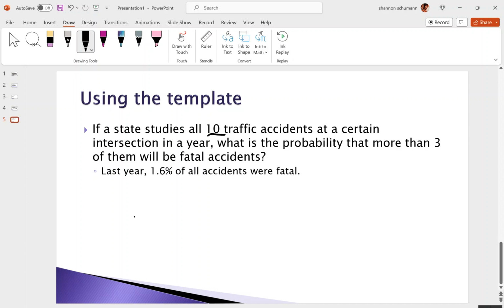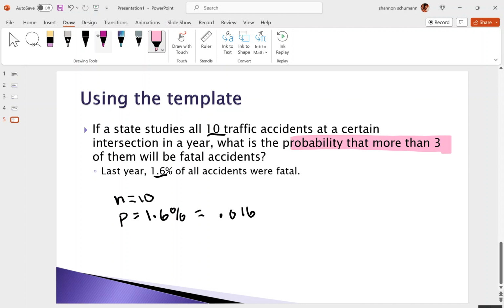There are 10 traffic accidents total that we studied, so that's my 10. The probability that a single accident is fatal is 1.6%, 0.016. And the thing we're looking at the probability of is more than 3. So K equals 3, but we really want K greater than 3.